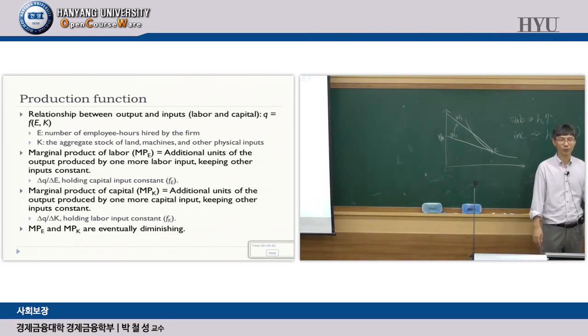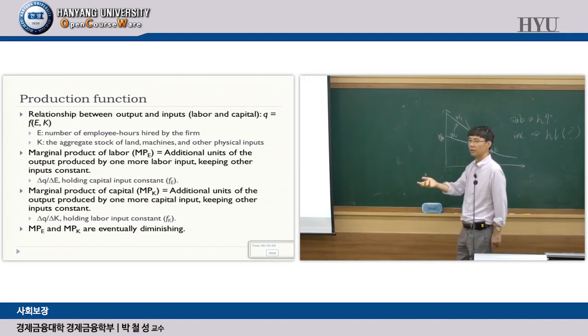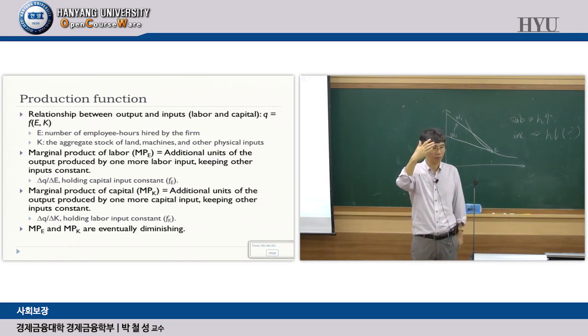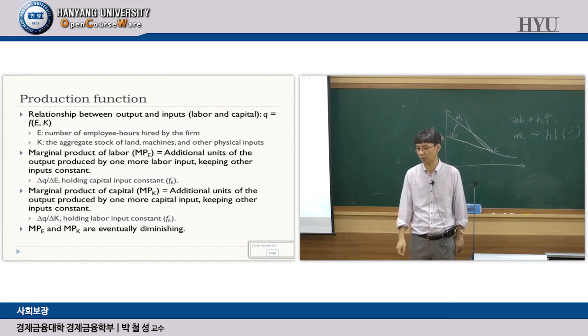Anyway, what is important is that if you put more and more labor, keeping the capital the same, you put more and more people to work, then in general, at first, each individual will contribute a lot to production. But later, that contribution is going to become smaller and smaller.